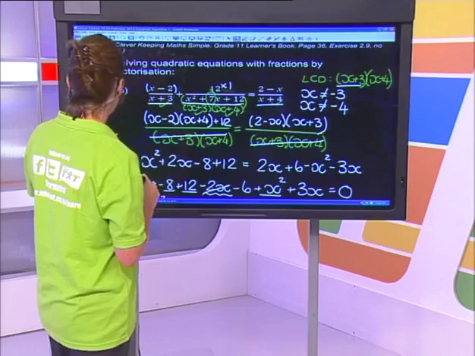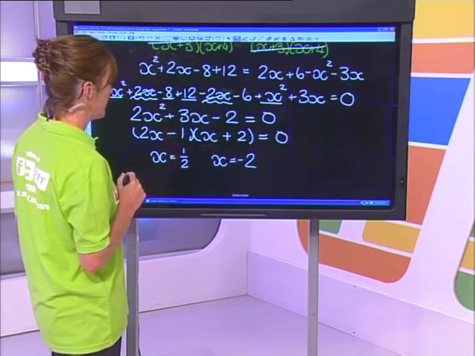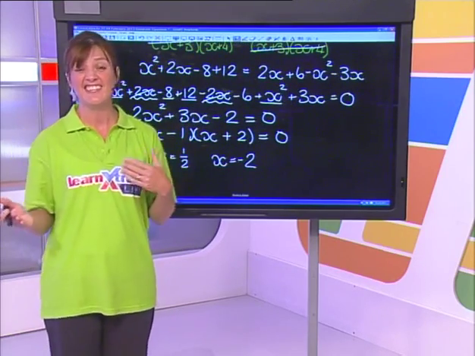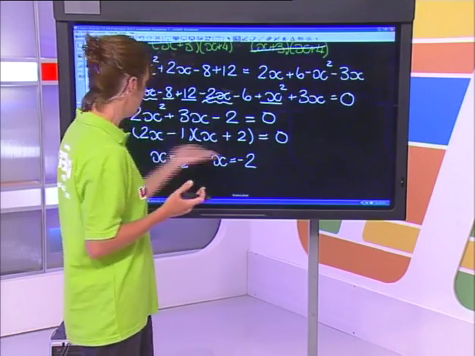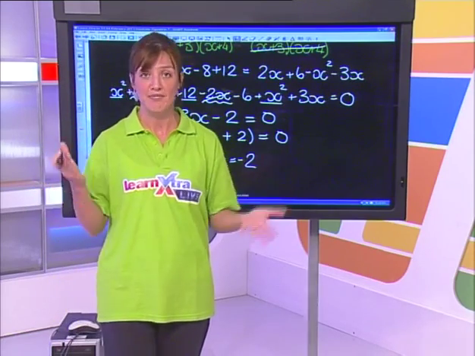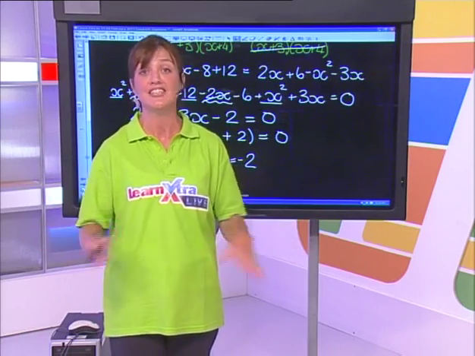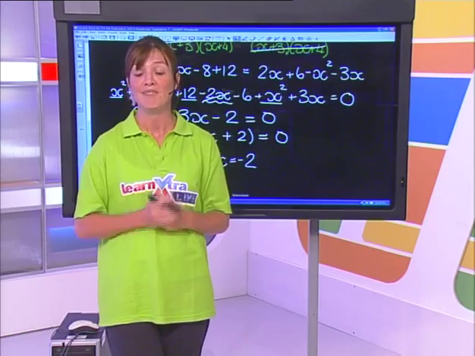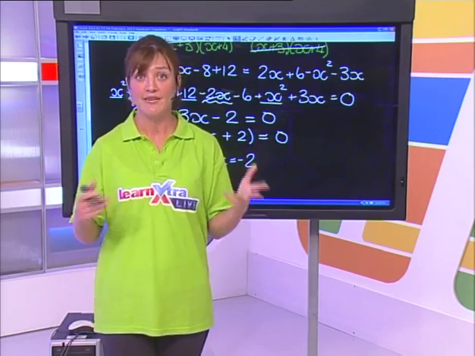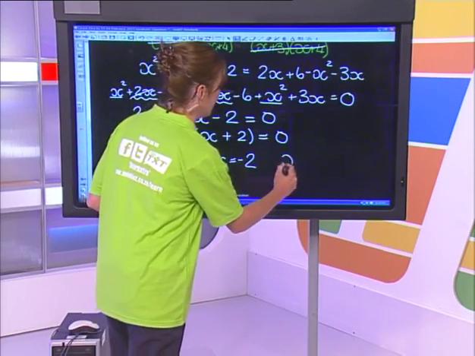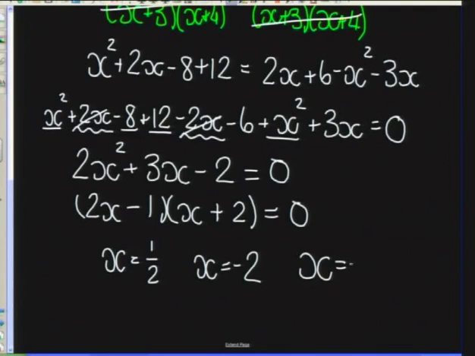So bearing that in mind, are either of my solutions one of my restrictions? I've got a negative 3 and a negative 4, and neither of my roots are actually the same as those. So therefore, I'm safe. I can use both of my roots as my solutions, and that would all work out perfectly. If it happened, grade 11s, that one of your answers, I'm just going to throw it in there. Let's just say that we landed up with an answer of x is equal to negative 3.